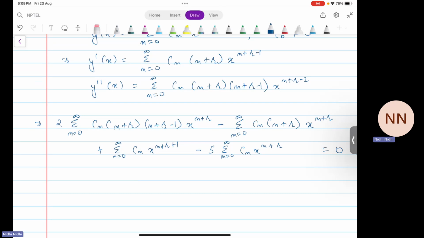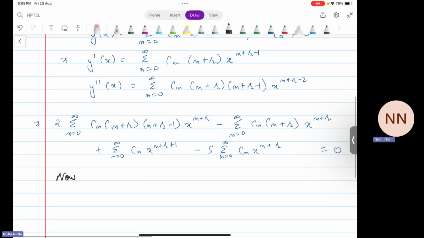Now here in all the terms the summation is from n equals to 0 to infinity, and moreover we have x to the power n plus r. Just this one, x to the power n plus r plus 1, is the problematic case. So we'll just translate it. Now we know that summation n from 0 to infinity Cn x to the power n plus r plus 1 is equal to summation n from 1 to infinity Cn minus 1 x to the power n plus r.